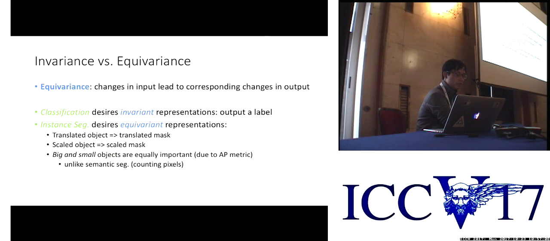And also, more importantly, if you have a big object and a small object, they are equally important. This is because of how we compute the AP metric. The AP metric is based on the IOU score. So this property is unlike the case in semantic segmentation, where you simply count pixels. Usually in semantic segmentation, big objects are more important than smaller ones. So all these properties in instance segmentation require equivariant representations in our system.